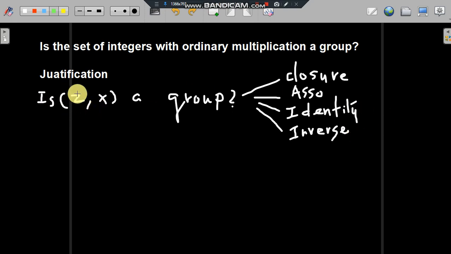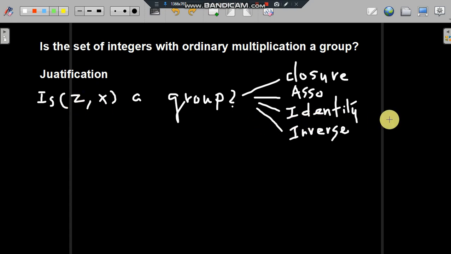Now here the set of integers, we know 0, 1, 2, 3, 4, 5, 6, minus 1, minus 2, minus 3, that is called the set of integers. This is the multiplication operation. So that is closure: this set with this operation is closed. Similarly, this set with this operation is associative, and also this Z, the set of integers, has the identity.